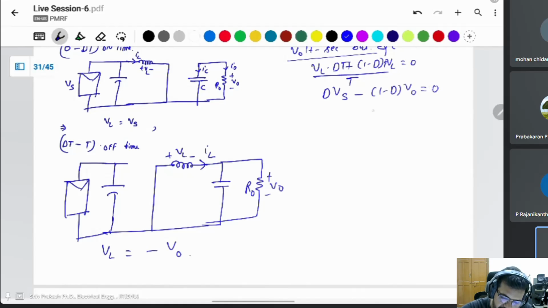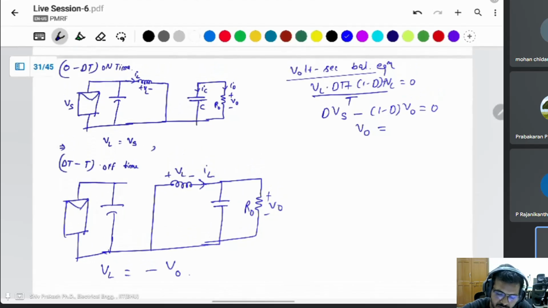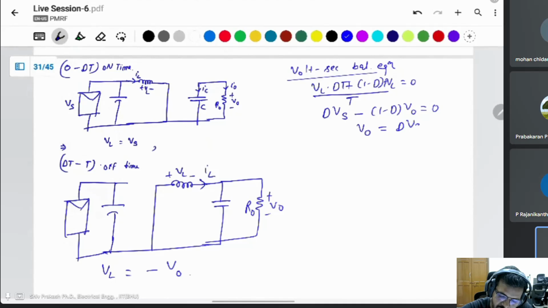We can say this is the non-inverting buck-boost converter type. Vo will be D Vs divided by (1 minus D). This is the same equation as the buck-boost converter, but not negative.